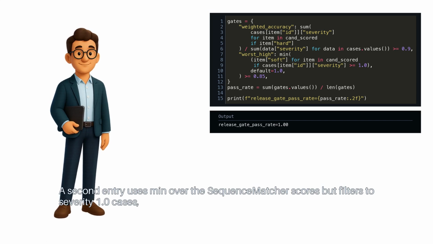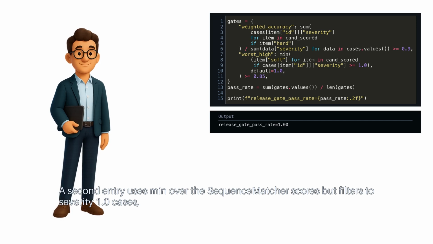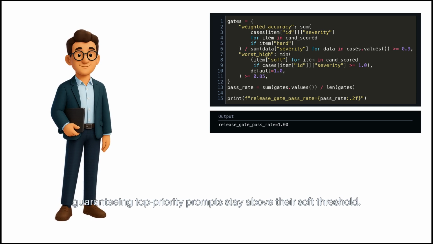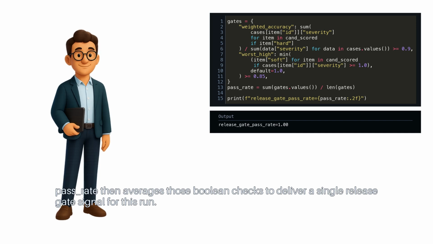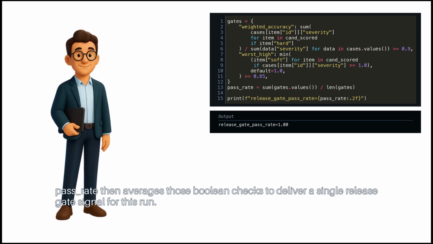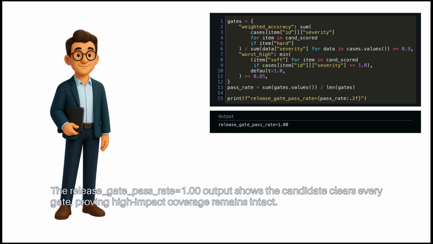A second entry uses min over the SequenceMatcher scores, but filters to severity 1.0 cases, guaranteeing top priority prompts stay above their soft threshold. Pass rate then averages those Boolean checks to deliver a single release gate signal for this run. The release gate pass rate 1.00 output shows the candidate clears every gate, proving high impact coverage remains intact.